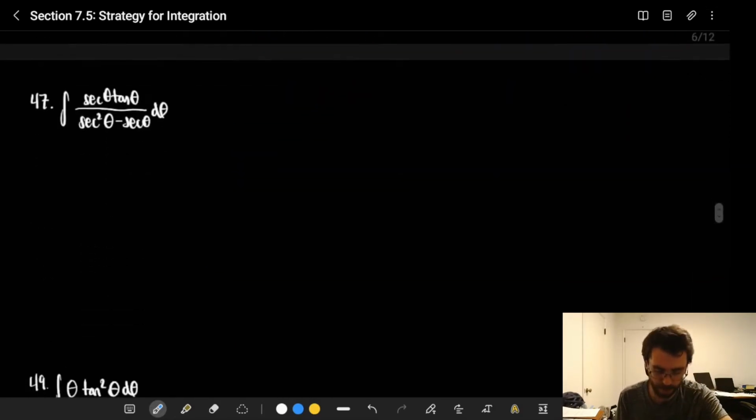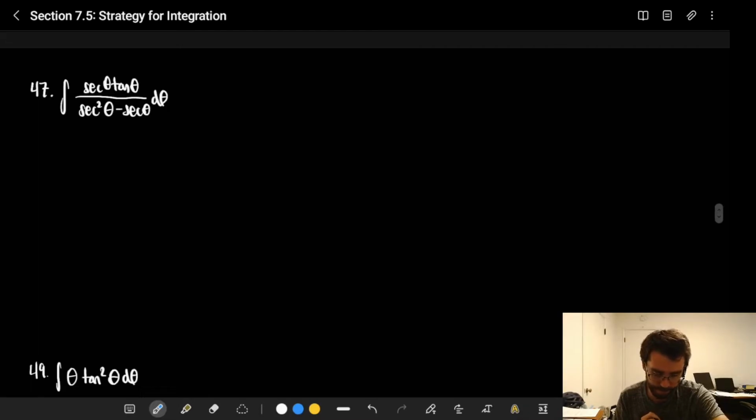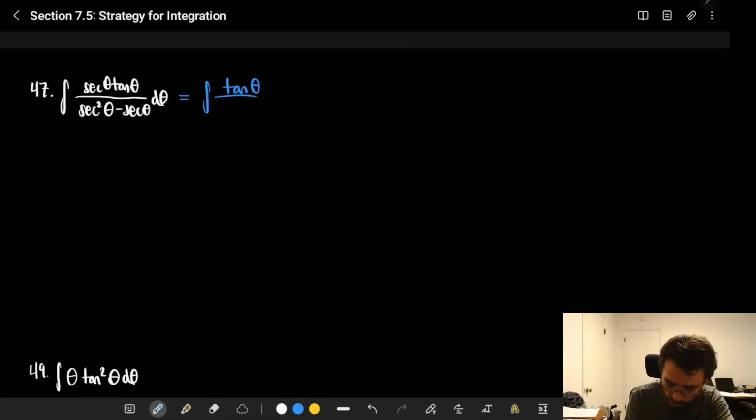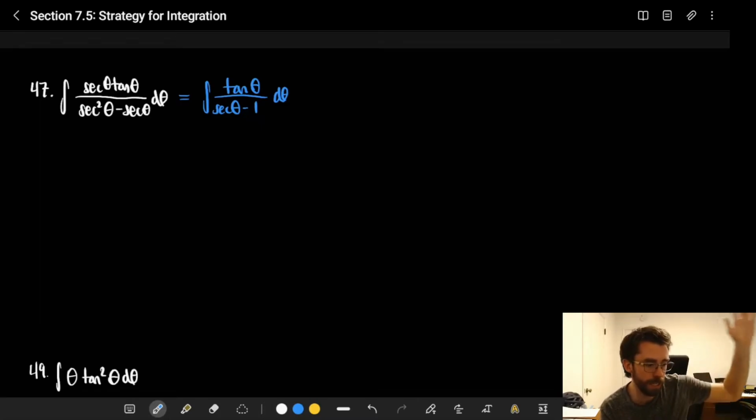Let's proceed. 47. I immediately see everything has a secant, so cross out one secant from every term. And hope it's nicer. It would look like that. And then I think to myself, I hate secant theta minus 1, but I love secant squared minus 1.